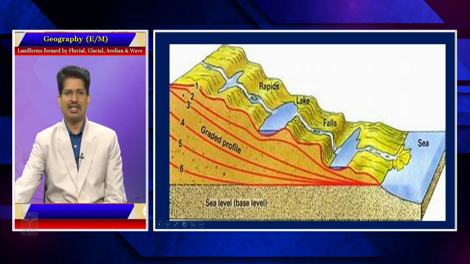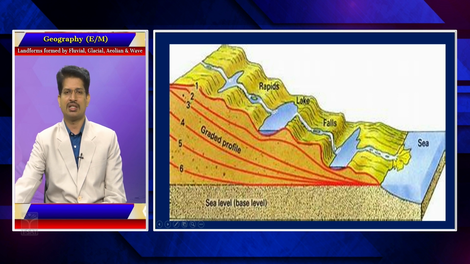When there are alternate hard and soft rocks in continuous layers, the hard rock, because of its resistance, consumes more time for erosion and will be at a higher elevation, whereas the soft rock will be eroded.